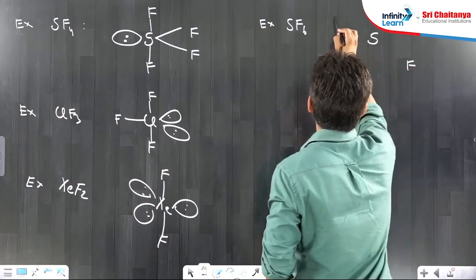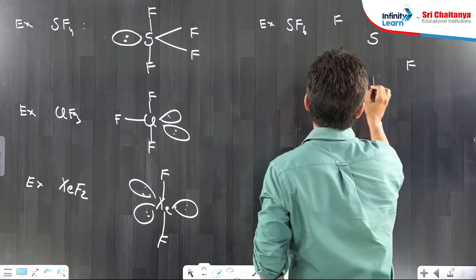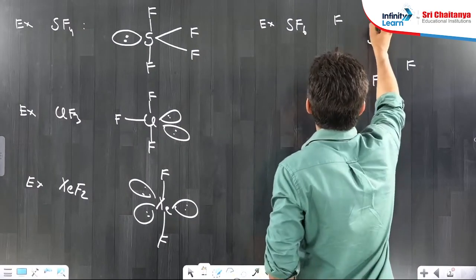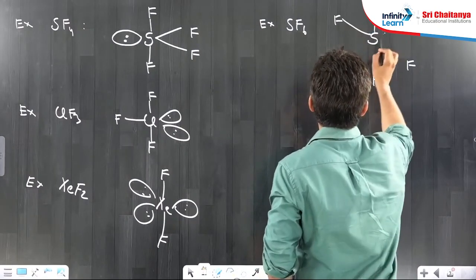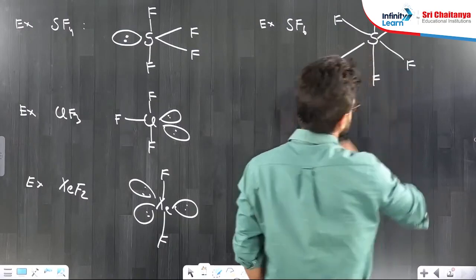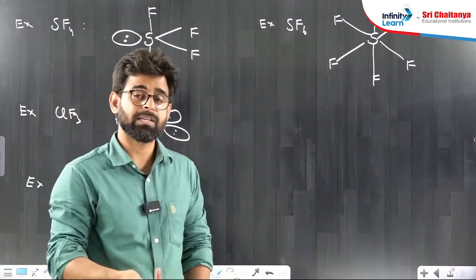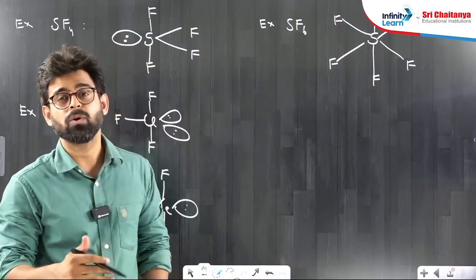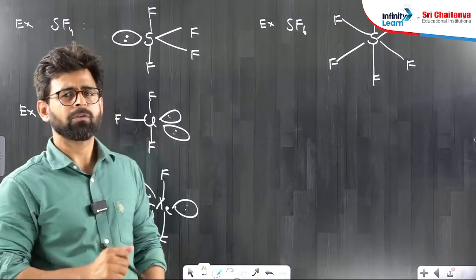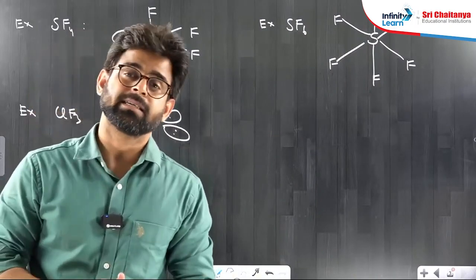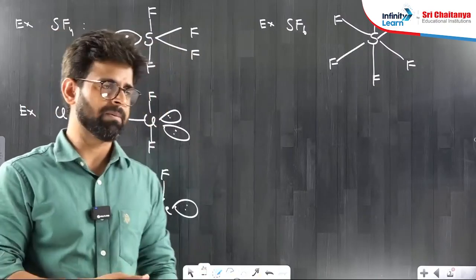So I will keep first of all the surrounding atoms here. Now every fluorine will make what bond? Single bond. So there is nothing left. All 6 valence electrons of sulfur are used. So there is no lone pair present on sulfur. So we are practicing how to make structures as well as the hybridization part.